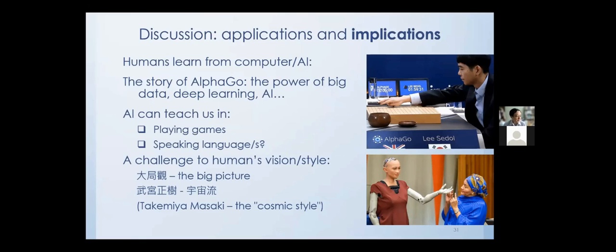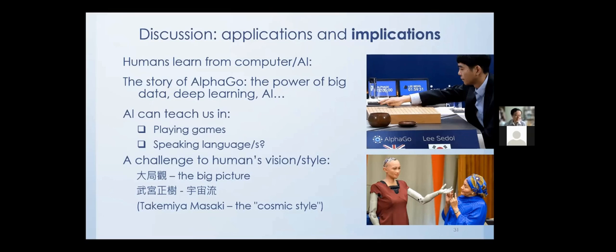One of the Go players invented the cosmic style. In Chinese, it's called 大局观, the big picture. Very human things to conceptualize. We believed human intelligence is good at this, but eventually computers surpassed and defeated humans.